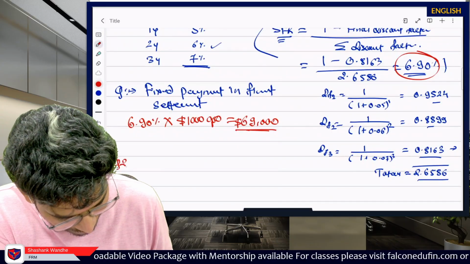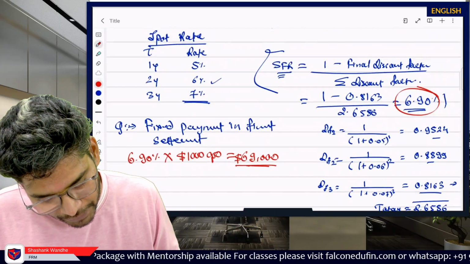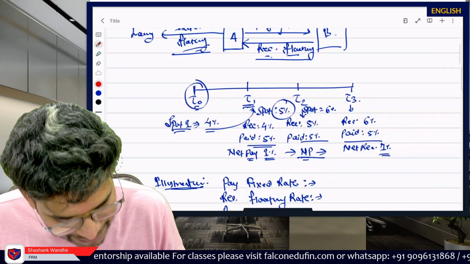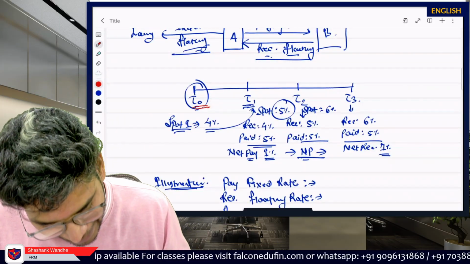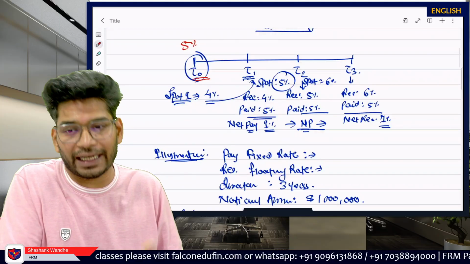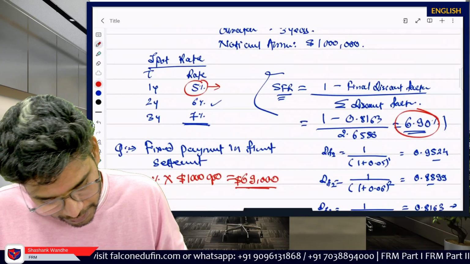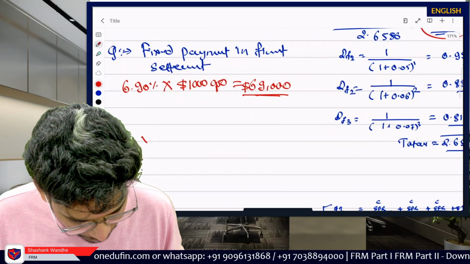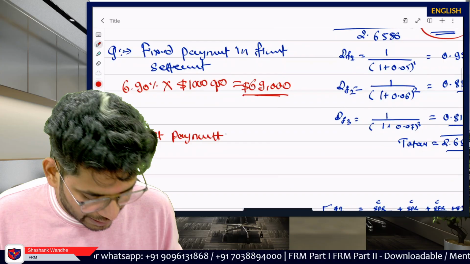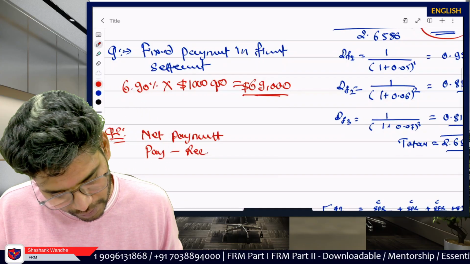But then there is also a second question, because remember, you are paying 6.90% and you are also receiving some amount. And receiving is based on this particular floating rate, which was decided in the previous settlement, that is at the time of T0. At time T0, 5% is the rate for the 1 year. So we will use that rate as the floating rate, which will be received by this particular party in this particular case. So the net payment is simply what you pay minus receive.